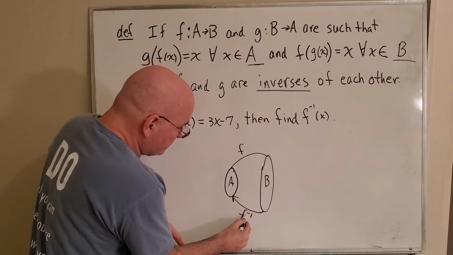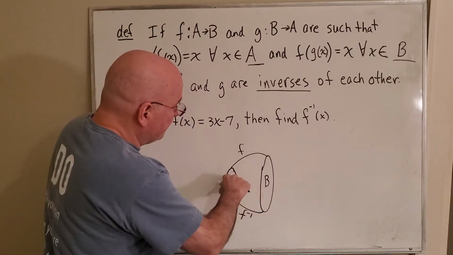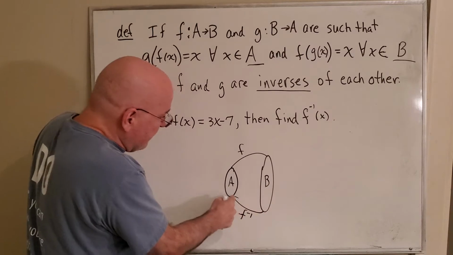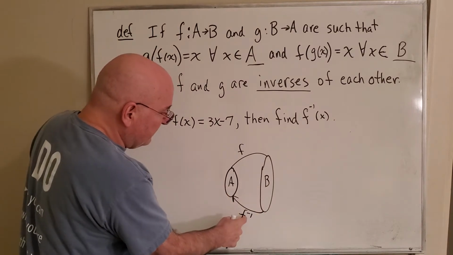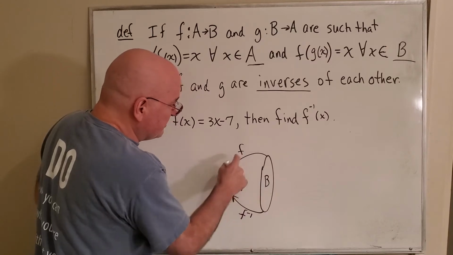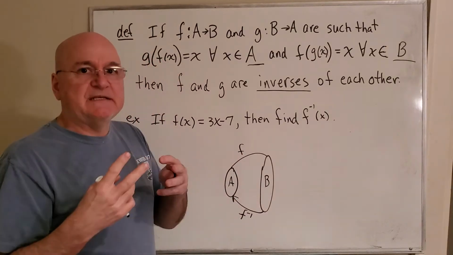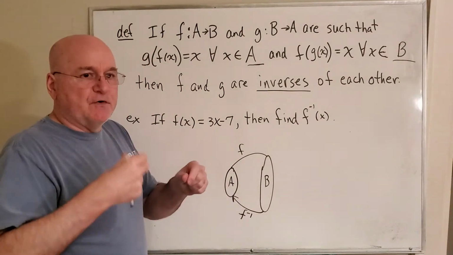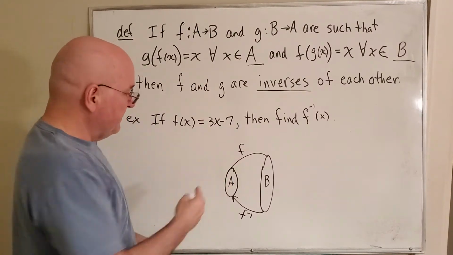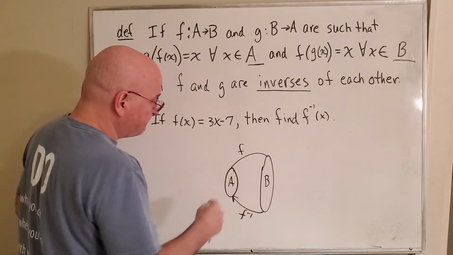F inverse starts in the range of f and comes back to the domain of f. So the domain of f inverse is the range of f, and vice versa. So anytime you have two inverse functions, the domain of one is the range of the other. The range of one is the domain of the other. They go back and forth like that.